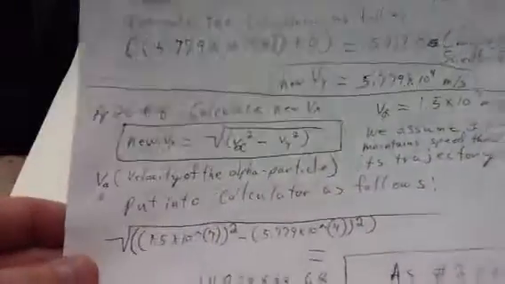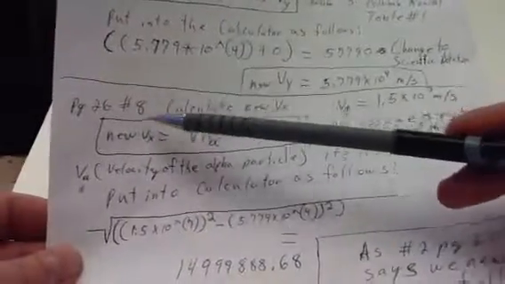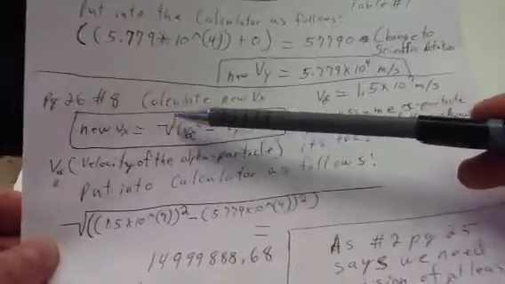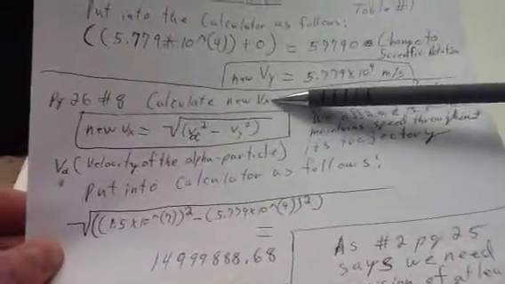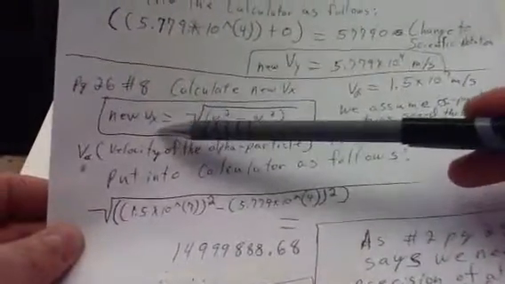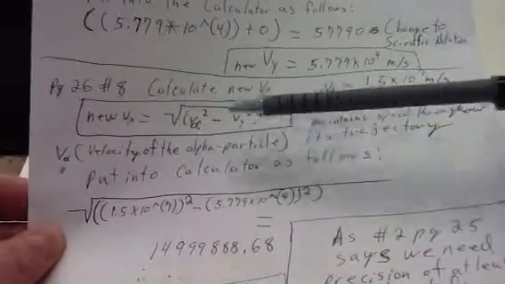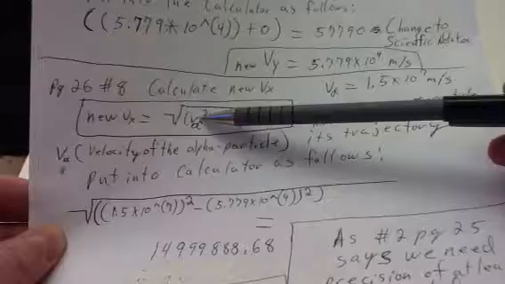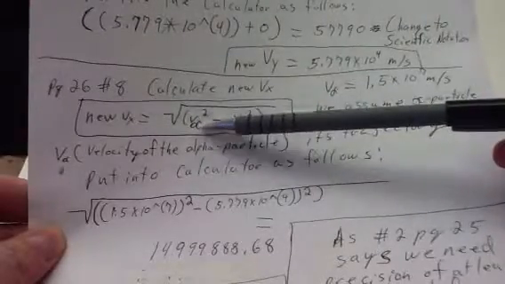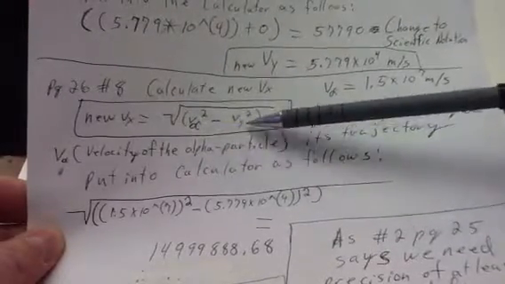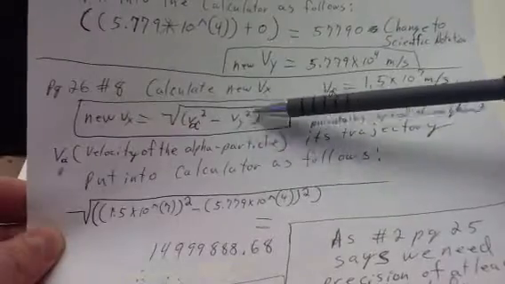Okay, so the next thing we need to do, which you can follow along on page 26, number 8, is calculate the new Vx. So this is a little different. To get the new Vx, the velocity of x, you take the square root of the velocity of the alpha particle squared minus the velocity of y squared.